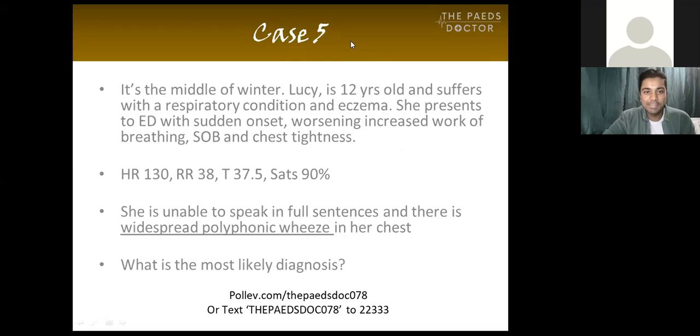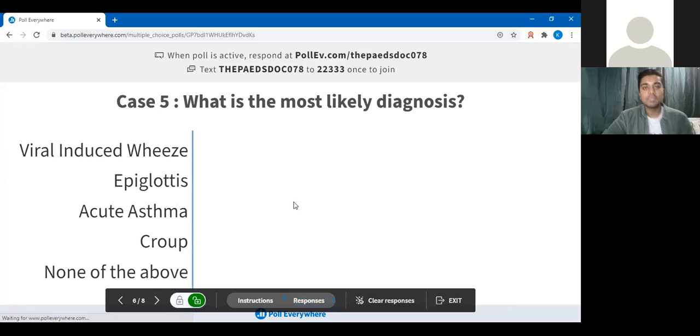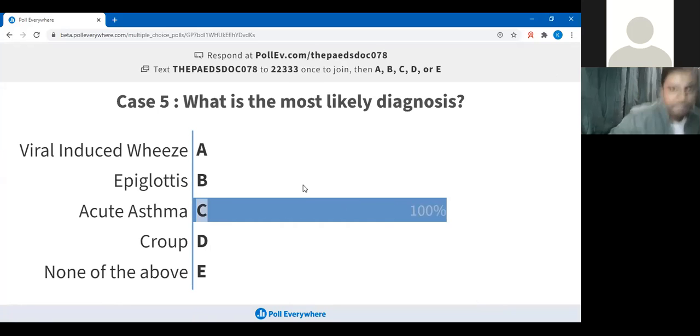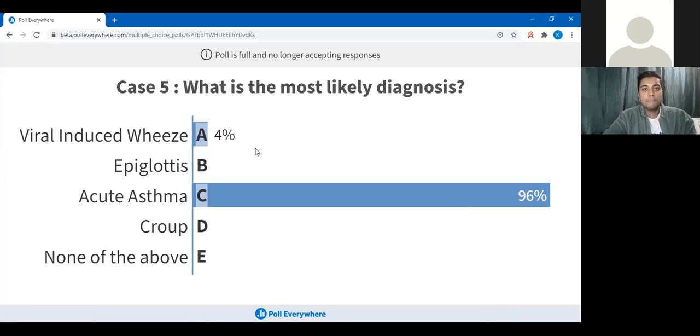Let's open that up. So 96% said acute asthma.